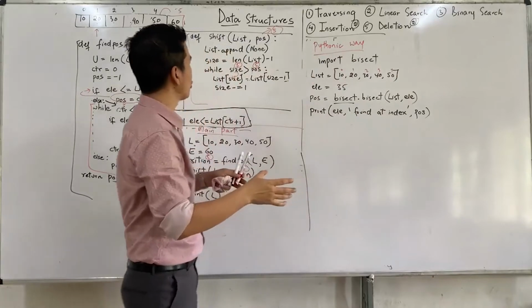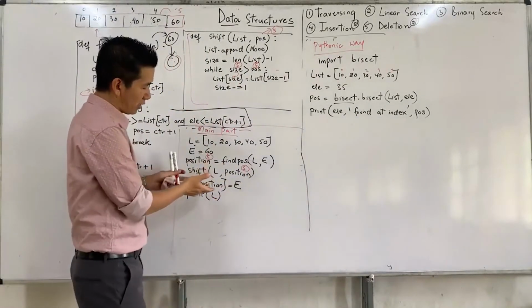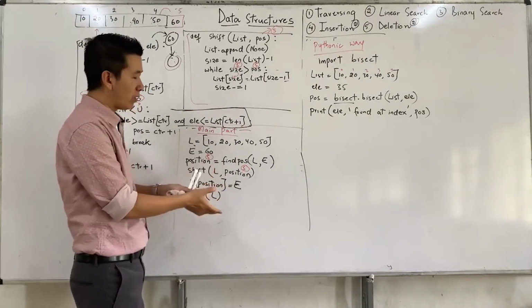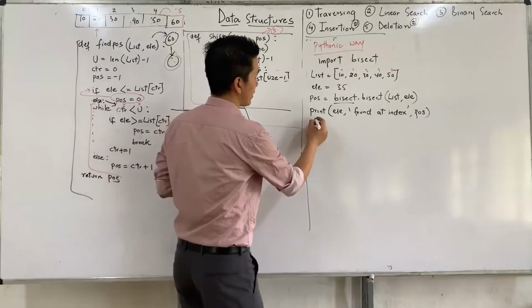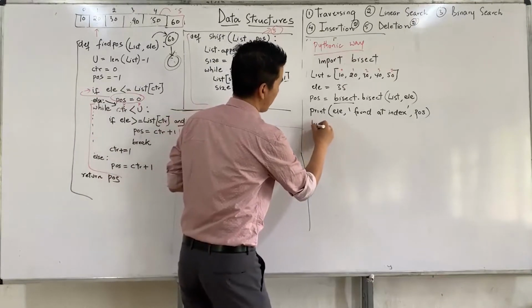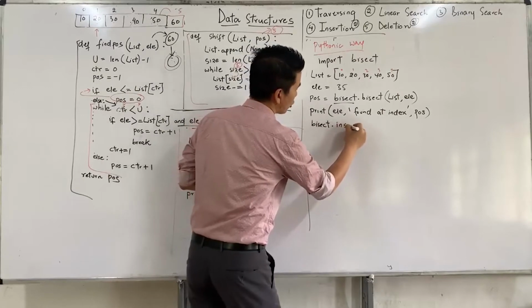And then in order to carry out the shifting process and the final step of inserting the new element at the appropriate position, you have another function, again from the bisect module, called insort.